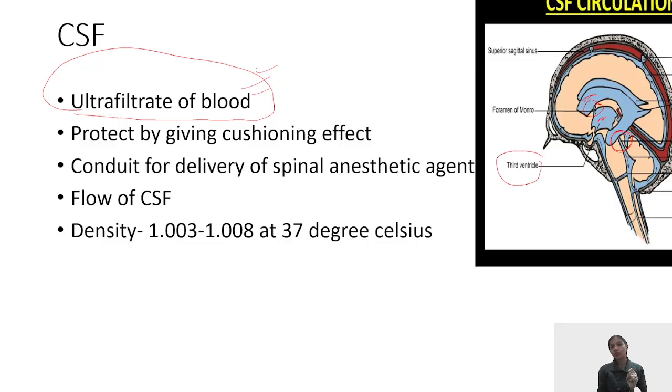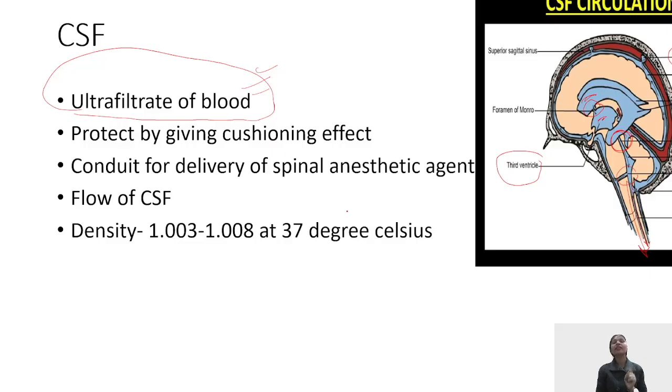It is going to go through the cerebral aqueduct and finally through the foramina of Luschka and Magendie. It is going to leave the fourth ventricle and go to your central canal, that is your spinal canal, and it also gets absorbed in the brain through the arachnoid granulations.